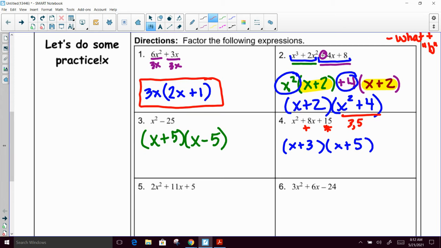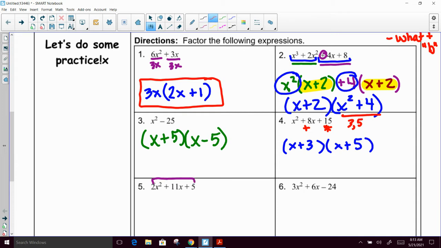So let's look at number 5. Okay, 2x squared plus 11x plus 5. Do I have a greatest common factor? Well, 2, 11, and 5 aren't divisible by anything except 1. X squared, x, and no variable, so no greatest common factor in this one. So my A value is greater than 1.